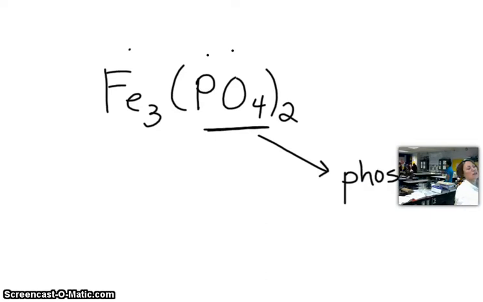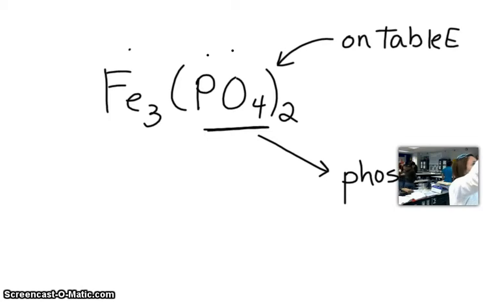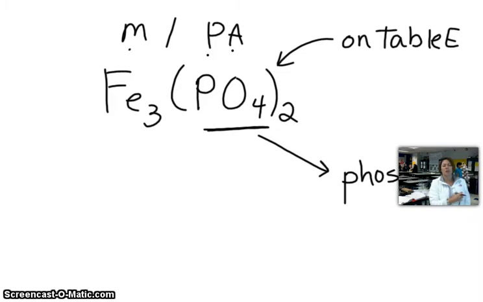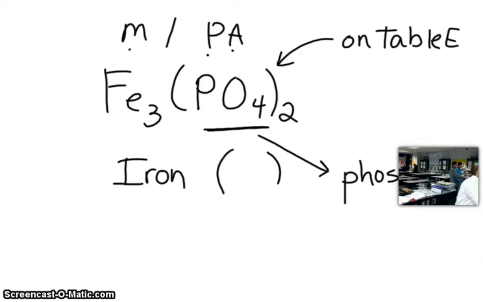You take its name off table E. What's with the polyatomic here, what's coming first, is a metal. And by the way, if a metal is with the polyatomic, the metal will always come first. You name your metal. If you go to the box for iron, there's more than 1 charge in the box. So you add parentheses after its name.